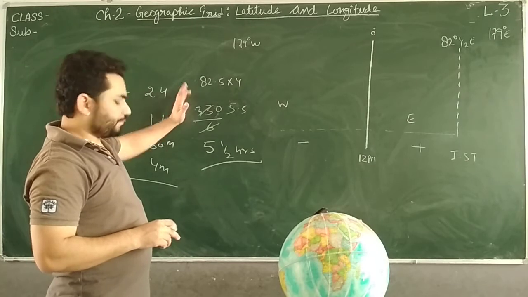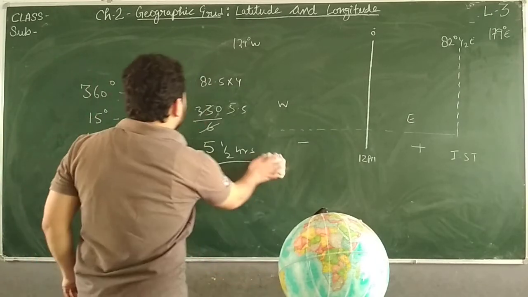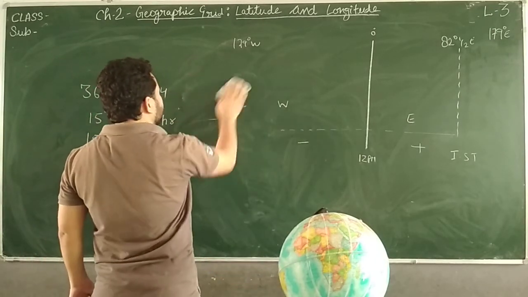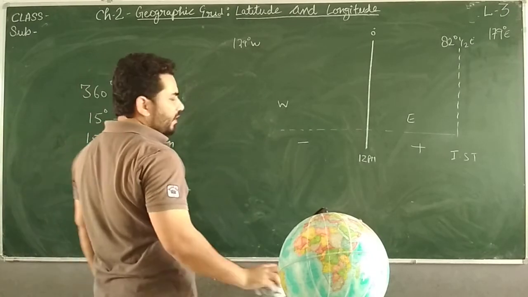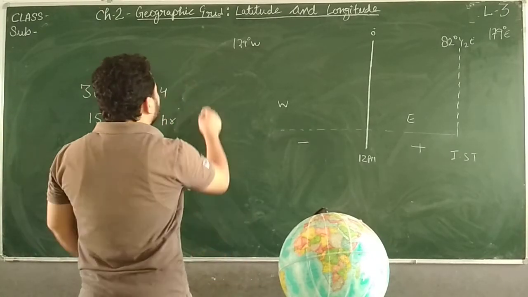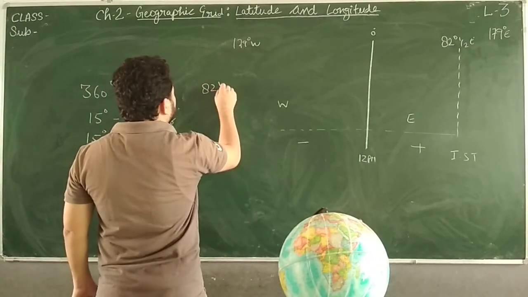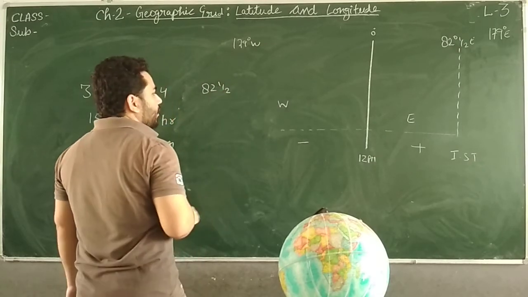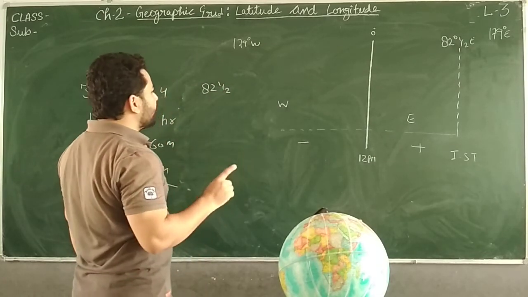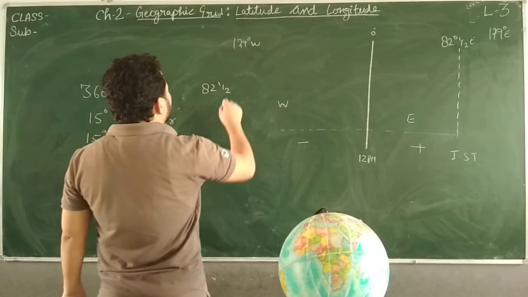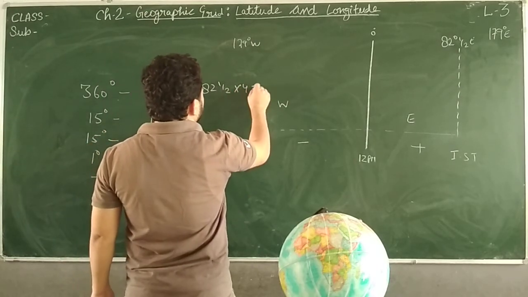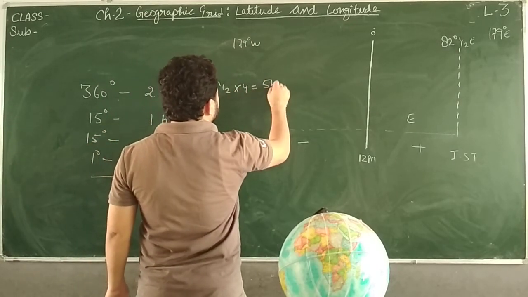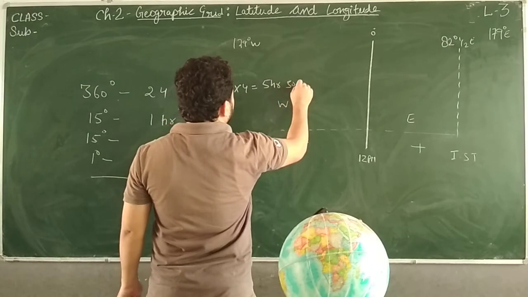Clear? So what I am telling you is that the difference of longitude from England to India is 82 and a half degrees. When there is a difference of 4 minutes for 1 degree, for 82 and a half degrees it will be 5 hours and 30 minutes.